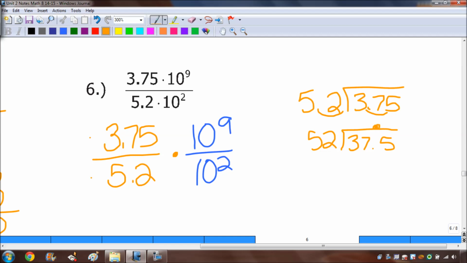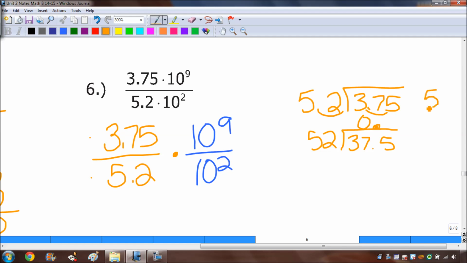So it's got to line up, okay? So 52 does not go into 37 evenly. It doesn't go into 37 at all, actually. So this is going to be a 0. So I have to figure out how many times 52 goes into 37.5, okay? In order to do that, I'm going to list out some multiples of 52.